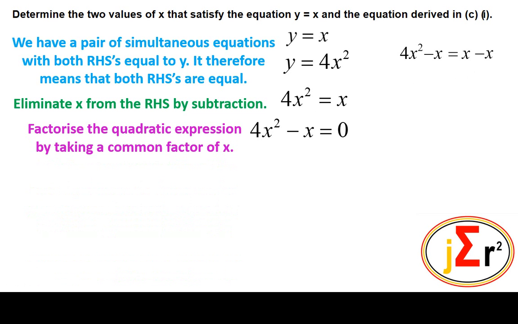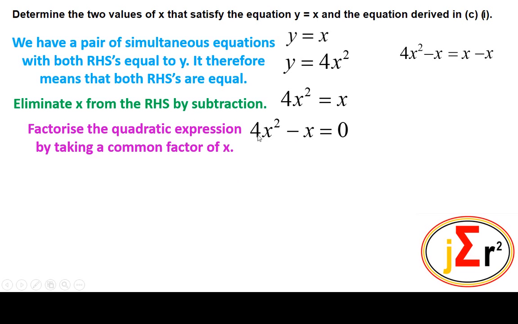And we are about to solve this equation by factorization. So we will factorize the term that we have on the left-hand side, and in factorizing we will take the common factor of x. Take a look at this.